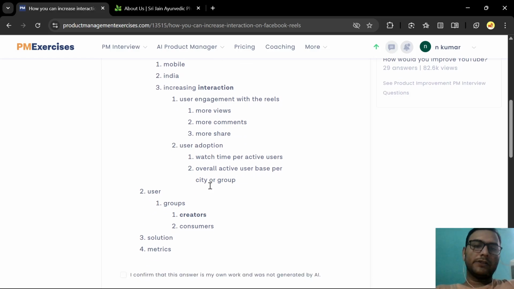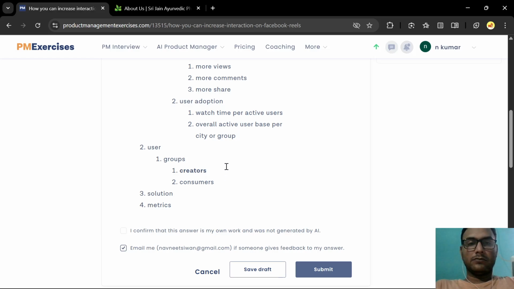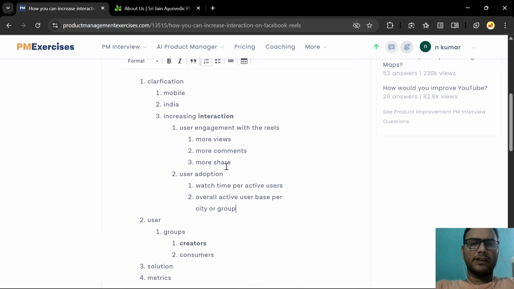So that could come under the adoption part, and we have to increase this. So let us keep this to engagement and the adoption part.